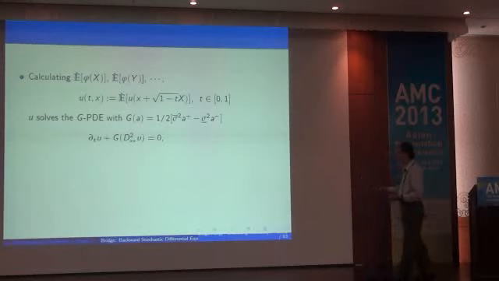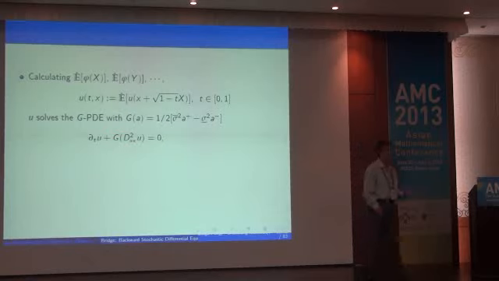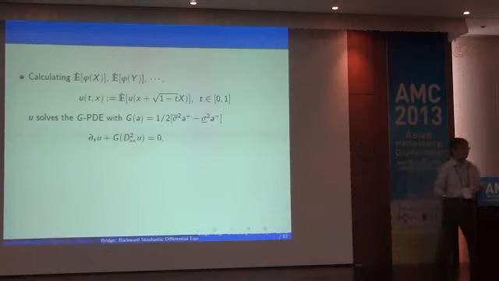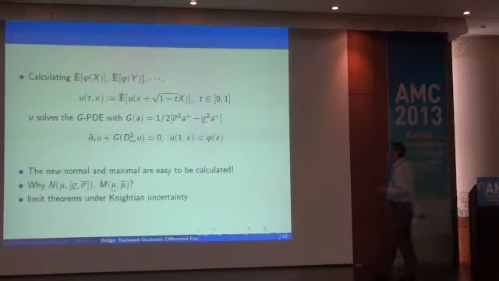In fact, our G equation is written like this. It's a fully nonlinear PDE, but if G is linear, it becomes the heat equation. So it's very simple to calculate.